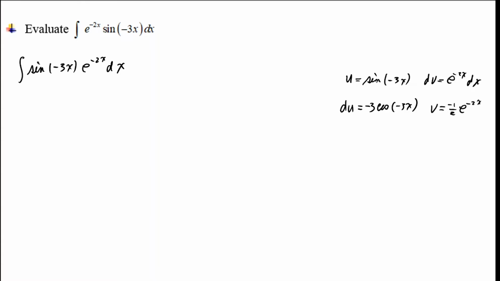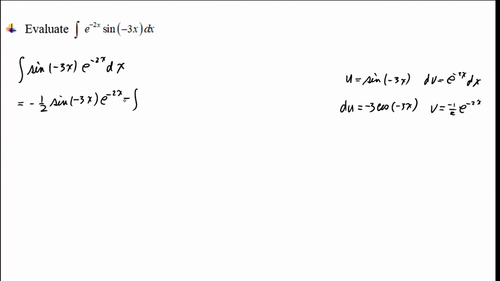Now watch. uv. I'm gonna take this constant out to the front, so negative 1/2, and then sine negative 3x, then e to the negative 2x. Good. Okay. And then minus the integral of these two.